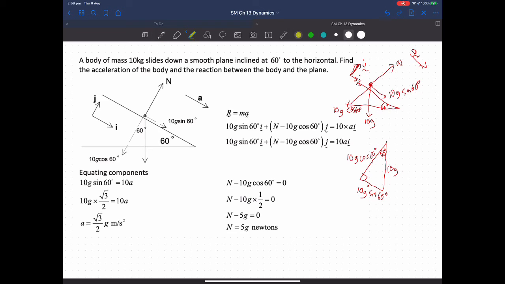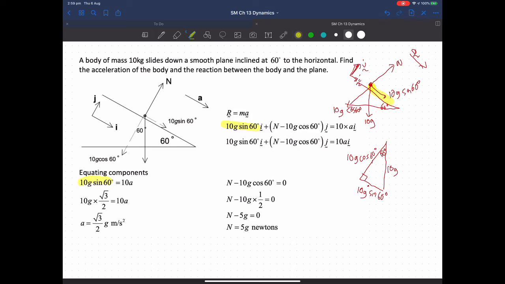The only thing operating in the i direction when I resolved my weight force is the 10g sine 60 degrees. My motion going down the slide, so my acceleration was 10 mass times a i.